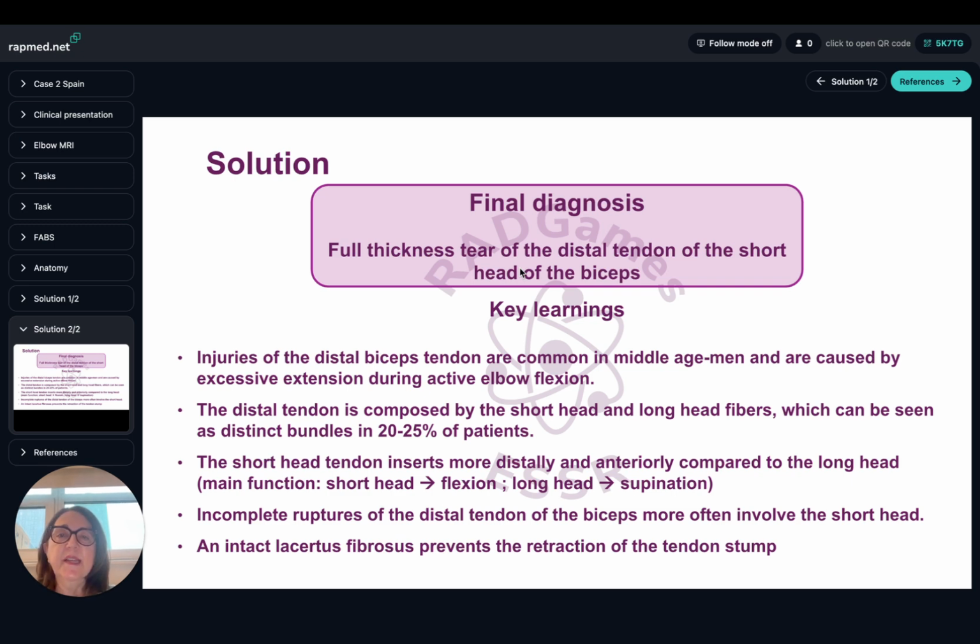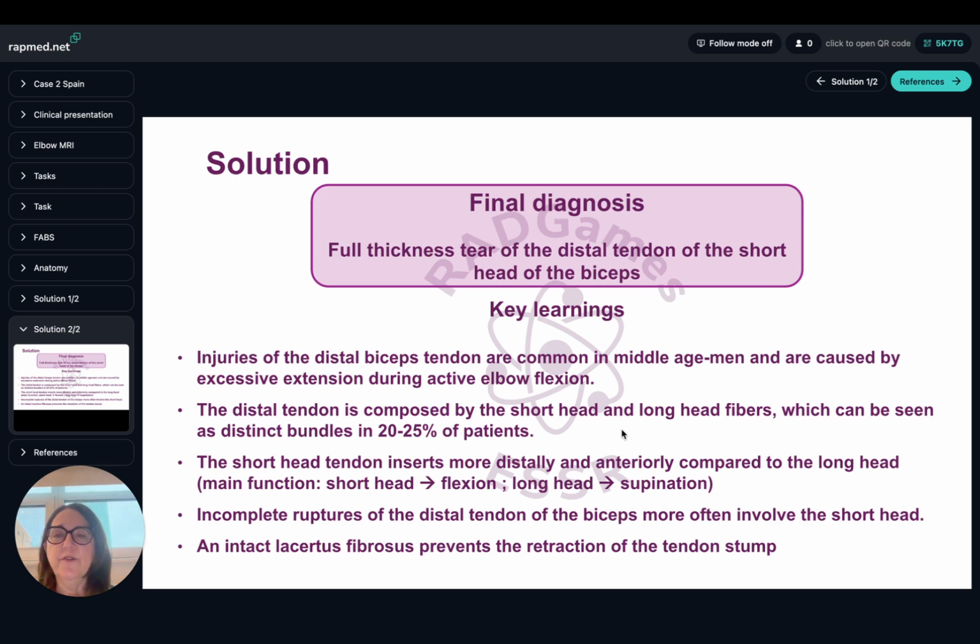Injuries of the biceps tendon are common in middle-aged men, caused by excessive extension during active flexion. There is always, in these cases, a little bit of a fatigue component. The distal tendon is composed of the short head and the long head, which can be seen as distinct bundles. They say in up to 20 to 25 percent, but I would say that more and more we are able to see it in many more patients.